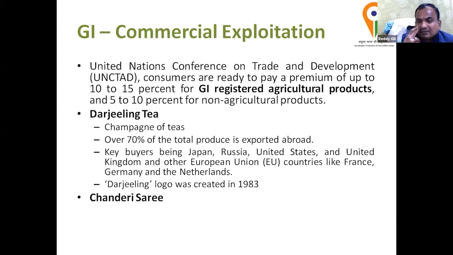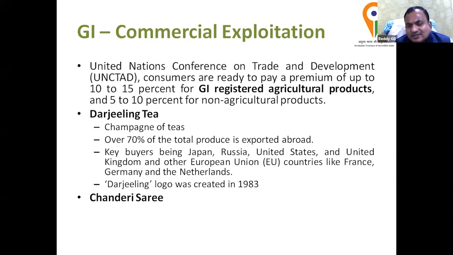For example, we go for certain unique products found in some departmental stores, which are 2 or 3 times costlier than the other ones. Why? Because of quality, because of something else. Same is the case with non-agricultural products. You can say it is branding of those goods, agricultural goods, or natural or manufactured goods.